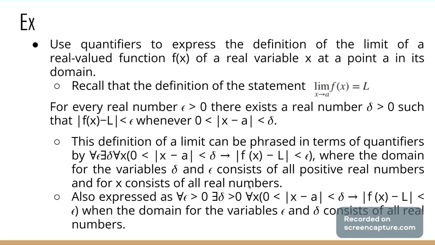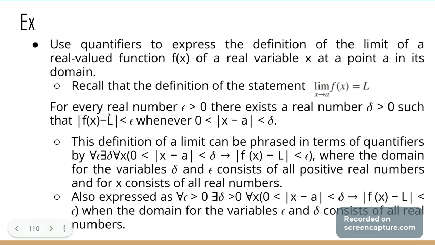Instead of writing it like that, it can also be expressed as for all epsilon greater than 0, for all delta greater than 0, for all x, and then the condition of limit, and the domain for epsilon, delta, and x are all real numbers. Either way, this is the representation.